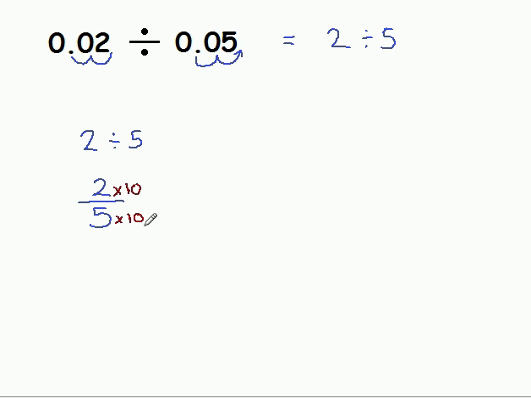And this does not change the value of the fraction, only the appearance. So this 20 over 50 is exactly the same value as this 2 over 5.